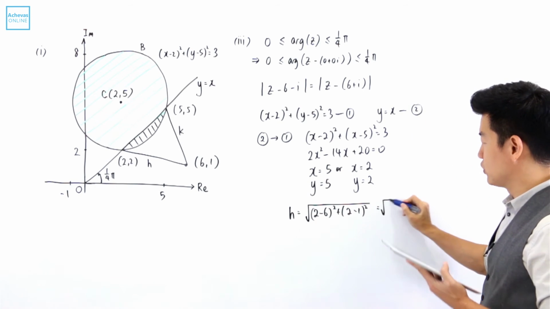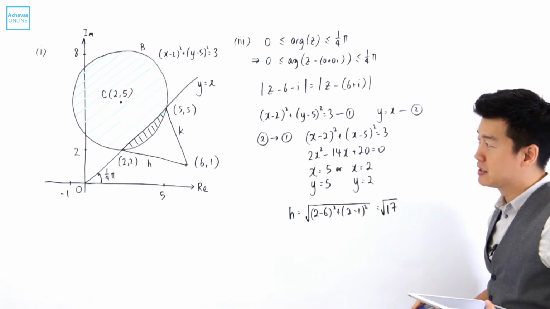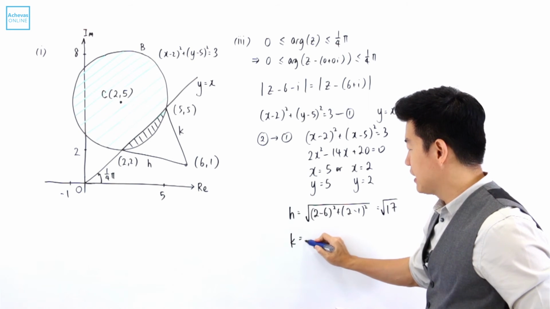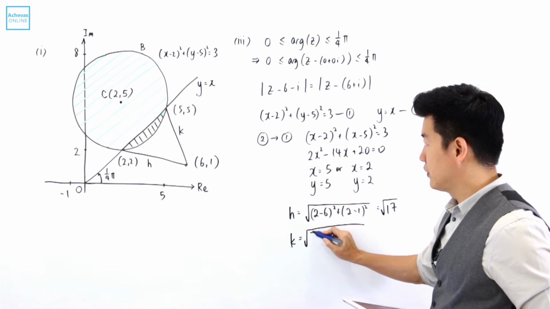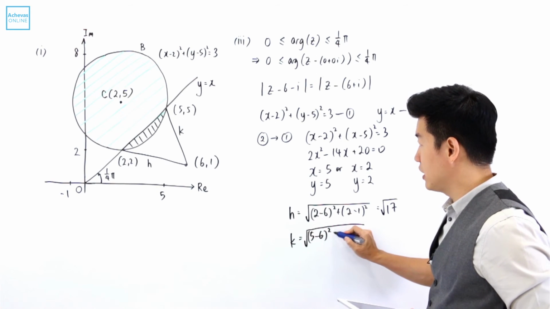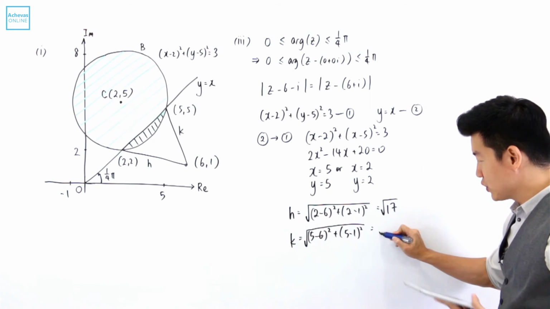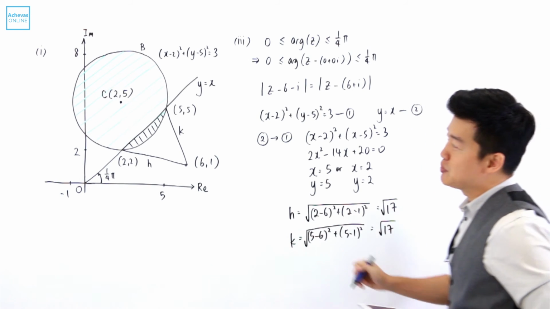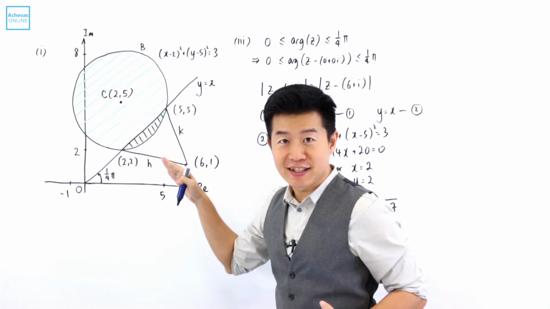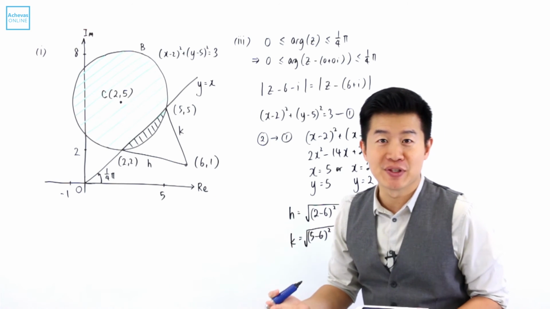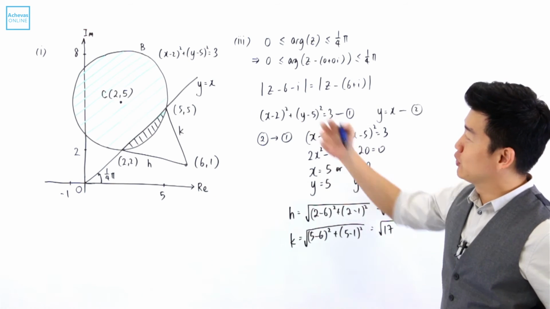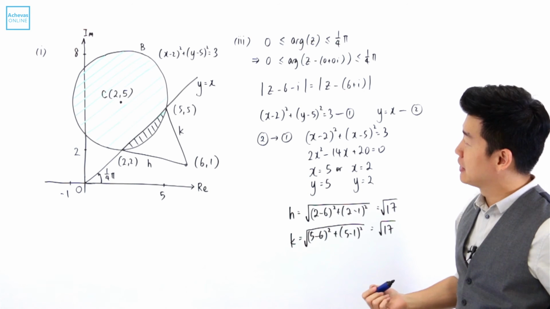And this is equal to square root of 17. And k is square root of 5 minus 6 square plus 5 minus 1 square. And this is also square root of 17, which means that these two distances here, both of them are going to represent the maximum possible modulus of z minus 6 minus i.